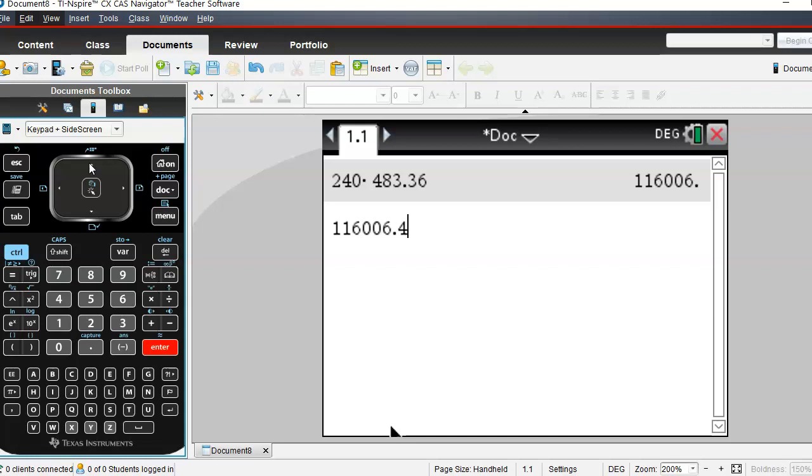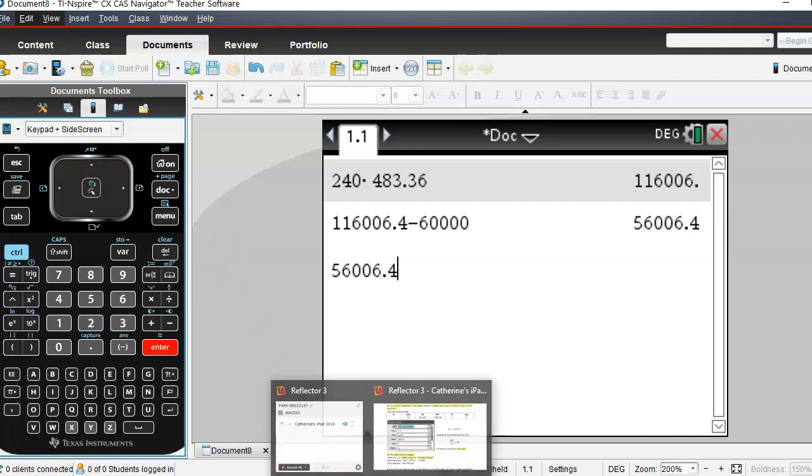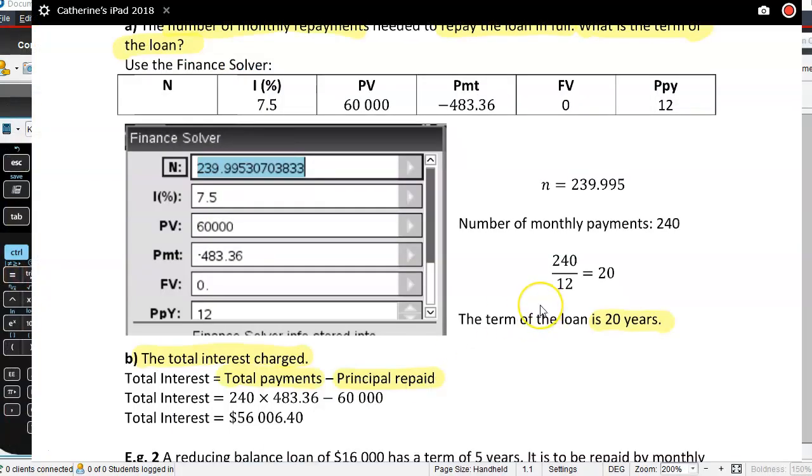So we paid more than what we actually borrowed, and the difference between those is our interest. We had $56,006.40 worth of interest. So the difference between the amount you've totally paid and the amount you owed is the interest.